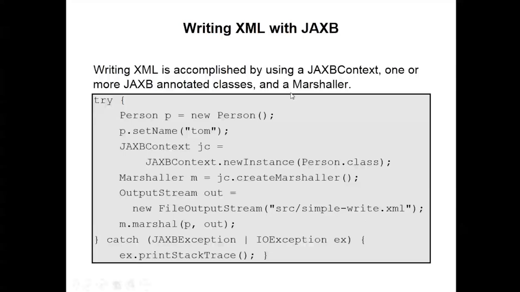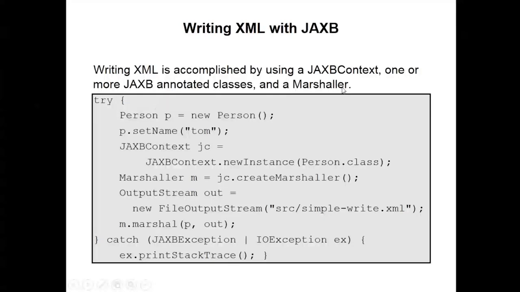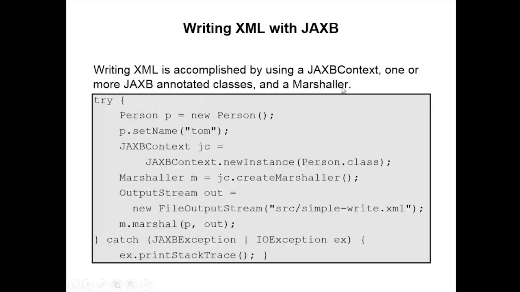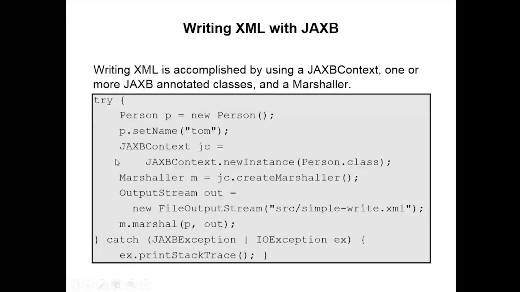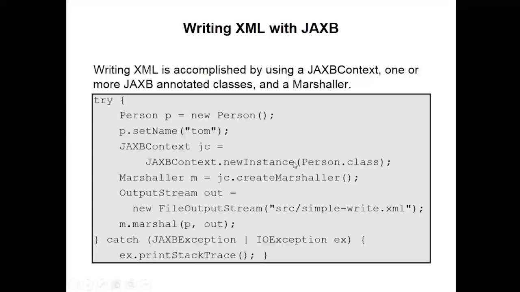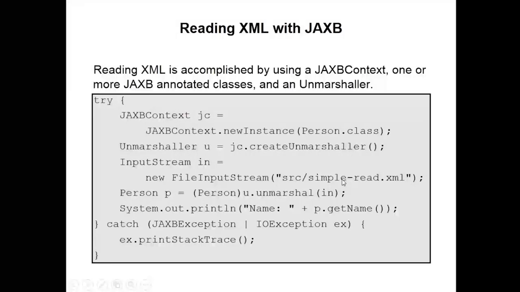Similarly, writing an XML is accomplished by using JAXBContext and one or more JAXB annotated classes, with a Marshaller. So if I want to write an XML using JAXB, in the last example I was reading an XML and writing into Java.